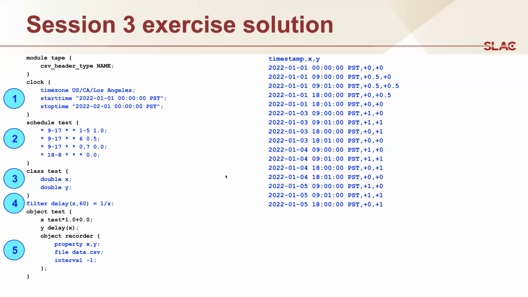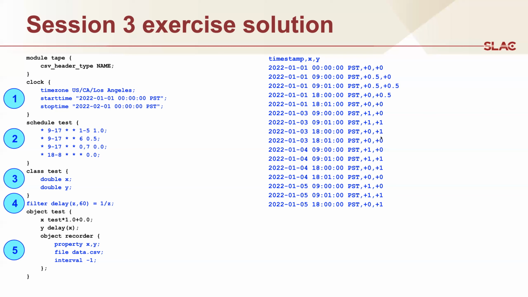Before I go on, if anyone has any questions about this, please feel free to post them in the chat. I think this is a pretty typical example that is also used for validation, because we know exactly what kind of output we would expect to see.